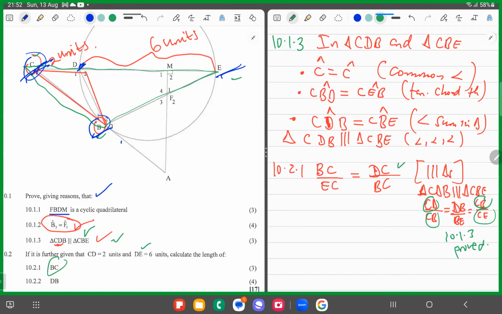Now we continue to analyze this. 10.2.1. We cross multiply here, and if we do that, we have BC squared is equal to EC times DC, which is 8 by 2, which is 16.